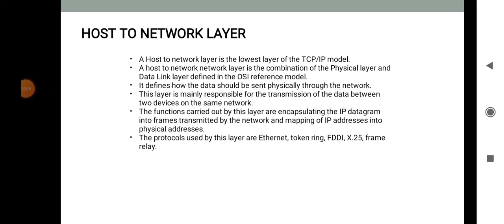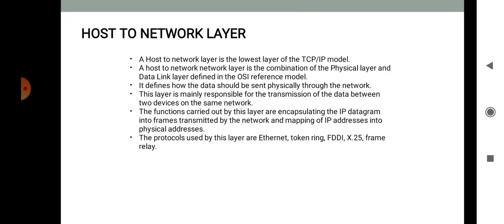The functions carried out by this layer are encapsulating the IP datagrams into frames transmitted by the network and mapping of IP addresses into physical addresses. This host to network layer defines details of how data is actually sent through the network, including how bits are electrically or optically signaled by hardware devices that interface directly with a network medium.